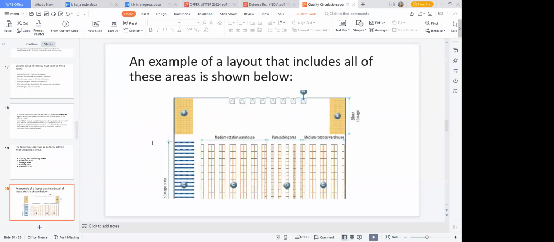This is an example of a layout that includes all of these areas. You see, we have a medium rotation warehouse, a pure picking area, and medium rotation. So all these are examples of proper arrangement and design of the layout of the warehouse.